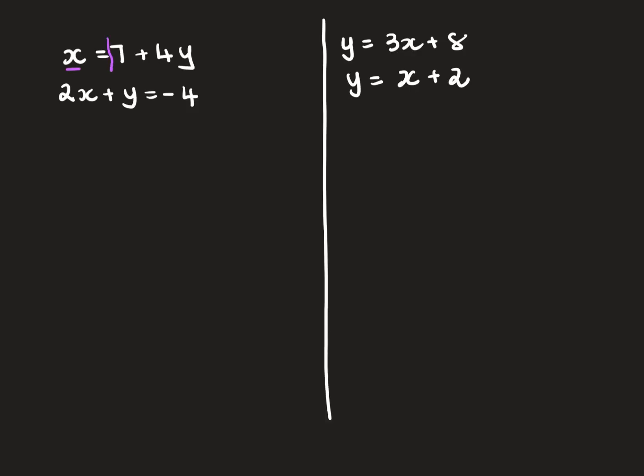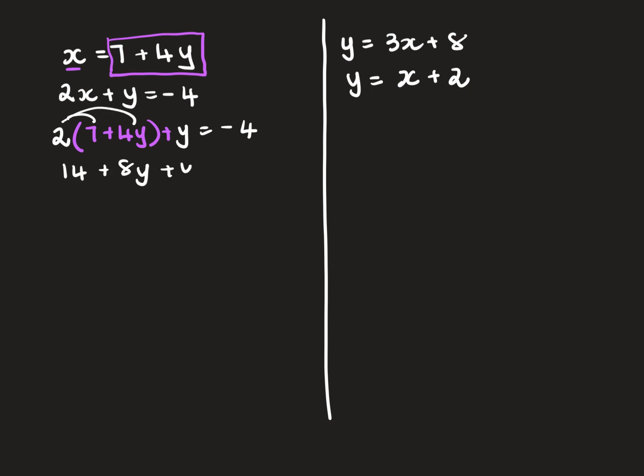Okay, let's look at the first one. We've got x is equal to this. So I'm going to substitute 7 plus 4y in instead of x, remembering to use my brackets. Plus y is equal to negative 4. Expand. 14 plus 8y plus another y equals negative 4.